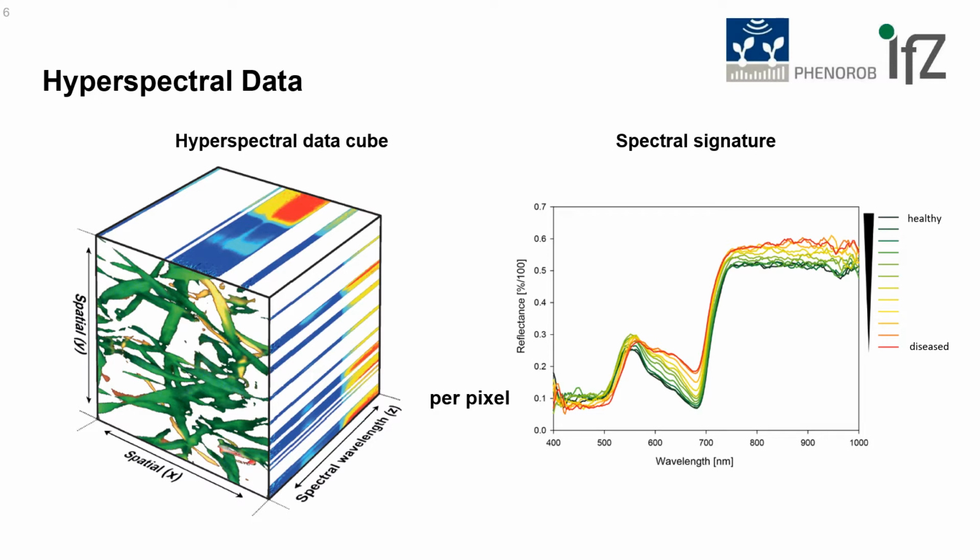Hyperspectral data or multispectral data are adequate formats with a lot of information for observing diseased plants and for utilizing optical aspects of the pathogenesis.